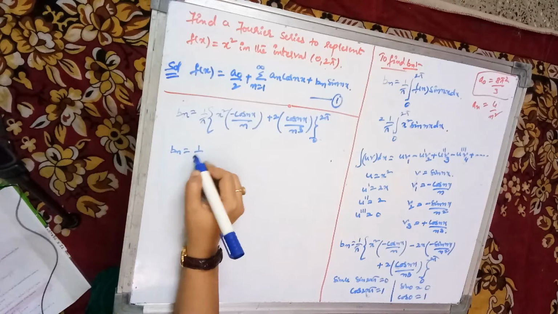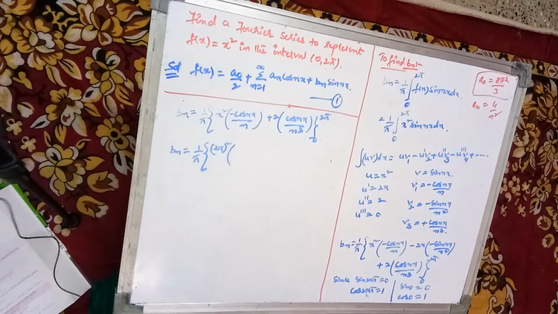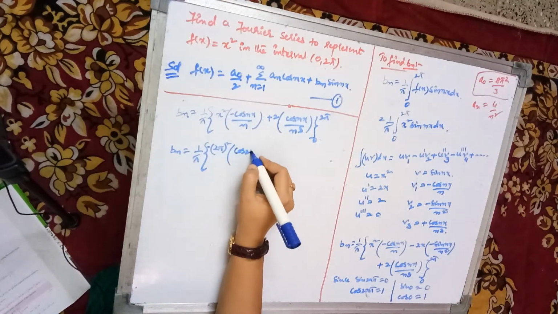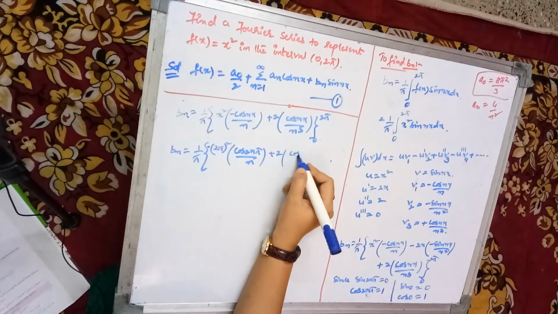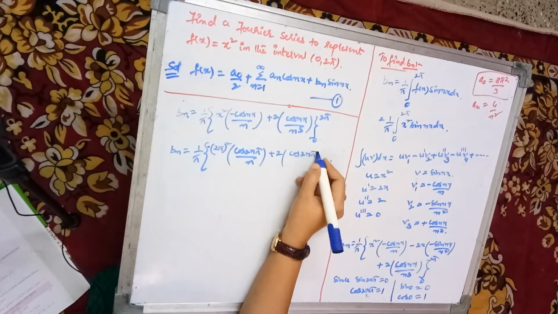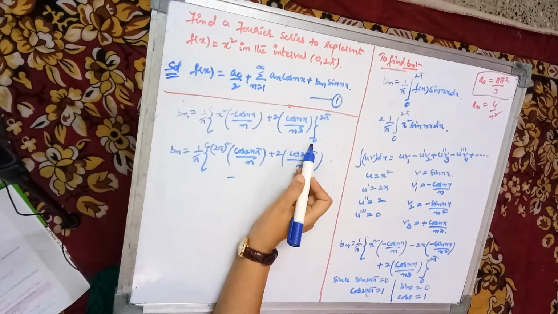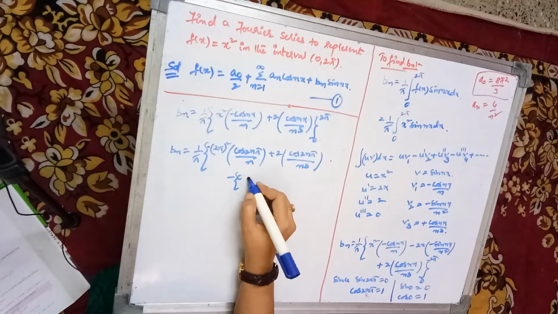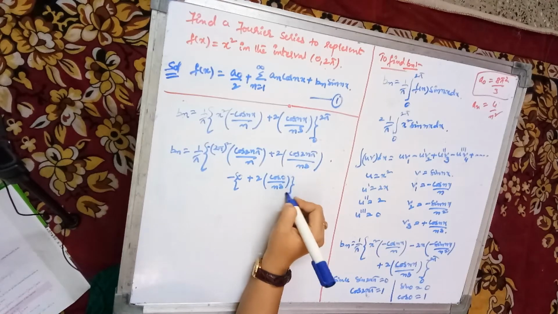Bn is equal to 1 by pi of 2 pi whole square into, keeping the minus outside, cos 2n pi by n plus 2 into cos 2n pi by n cube, then lower limit minus 0, which is going to be 0, then plus 2 into cos 0 by n cube.